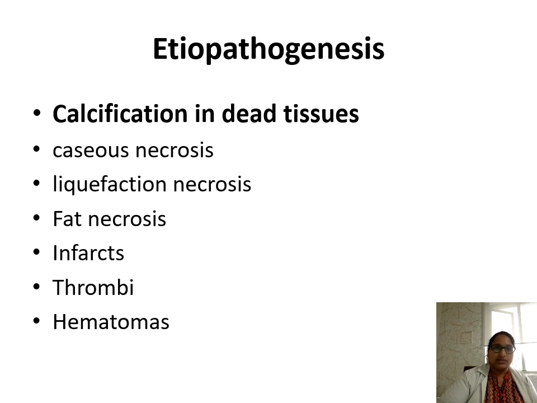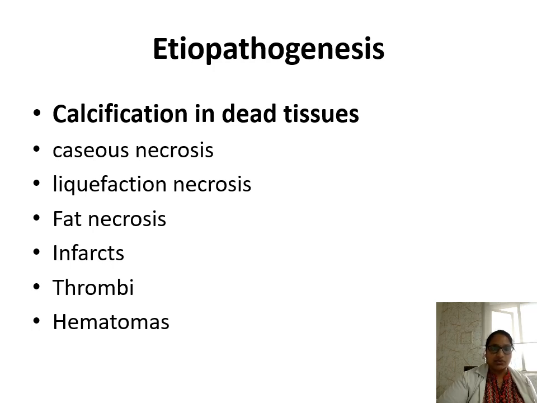So in the pathogenesis, the calcification may occur in the dead tissues or in the degenerating tissues. Examples of calcification occurring in dead tissues are caseous necrosis, which most commonly is caused by infection with tuberculosis, and liquefactive necrosis, which occurs in the brain infarct and in the abscess cavity.